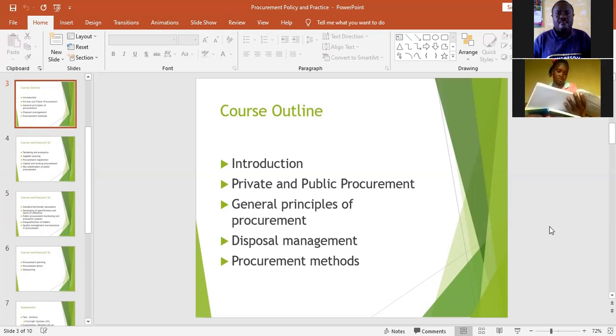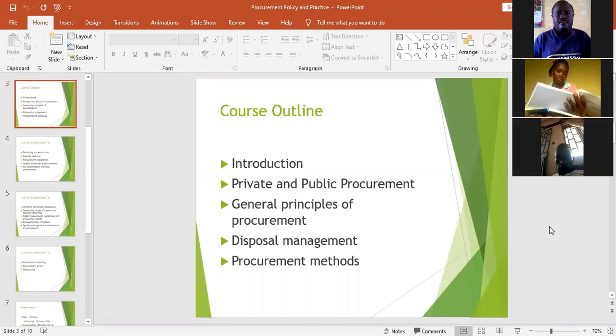The method to use depends on the actual situation on the ground, because different organizations have different needs, different requirements, different challenges. Therefore, since there exists a number of procurement methods, an organization will pick a method that will suit its own situation and predicament. I'm now going to look at the methods of procurement.